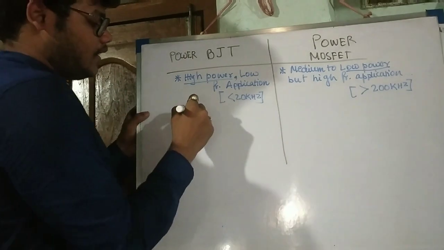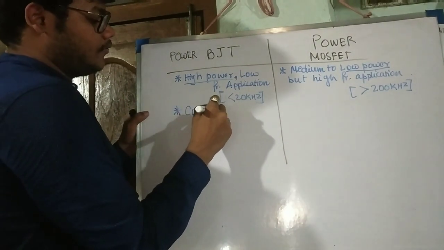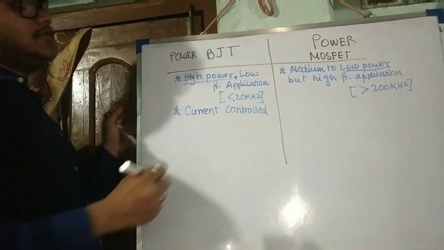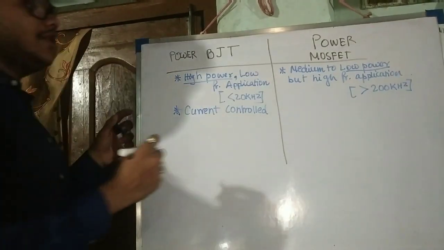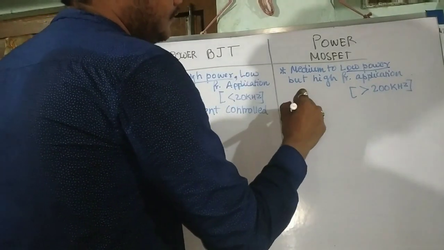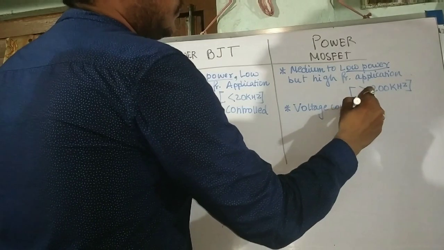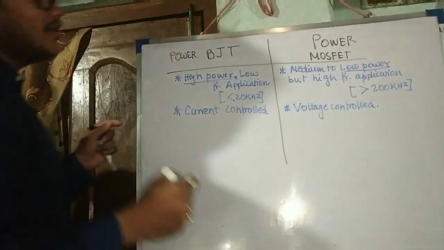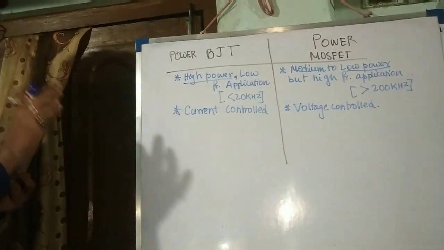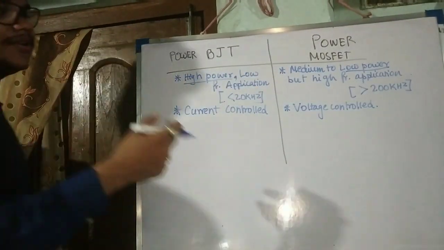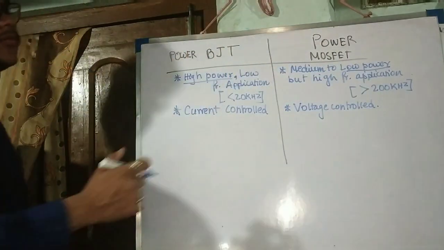Next, BJT is a current controlled device, and power MOSFET is a voltage controlled device. One thing you should remember, for the same condition, the current controlled BJT requires more current than the voltage controlled power MOSFET.